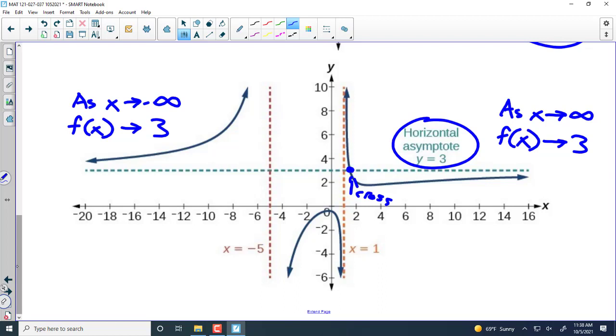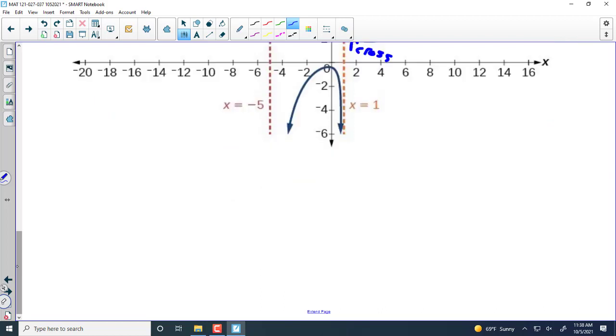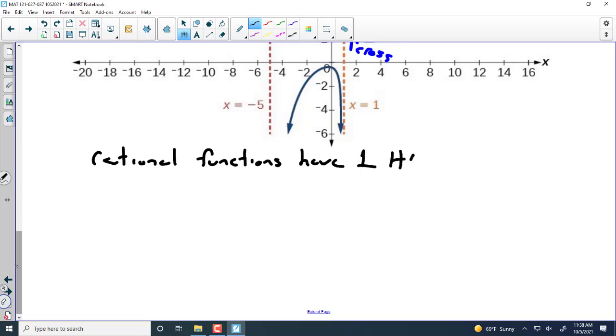But the reason you can't have 2 of them is because you can't get close to 2 horizontal lines at the same time. So remember, rational functions have one horizontal asymptote or no horizontal asymptote.